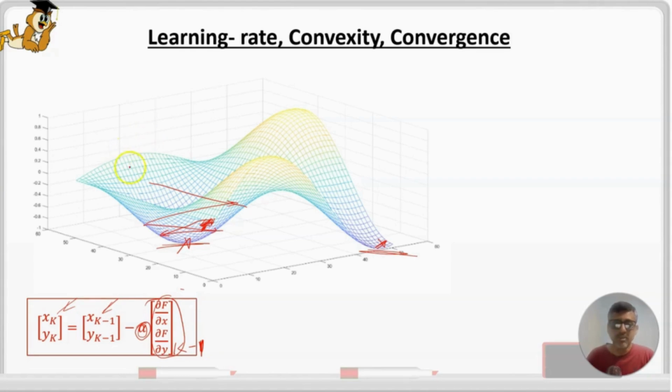So if, for example, your x0, y0 was here, you would converge over here. If your x0, y0 was here, you would converge over here, which is the answer that you were looking for, right?